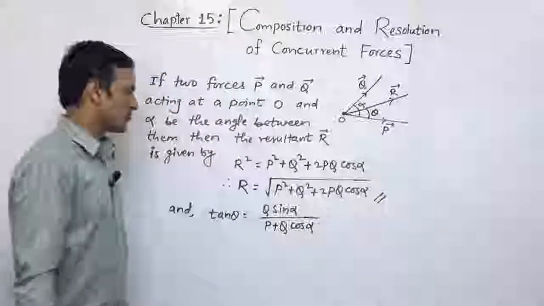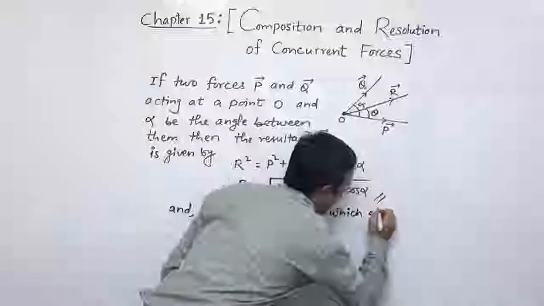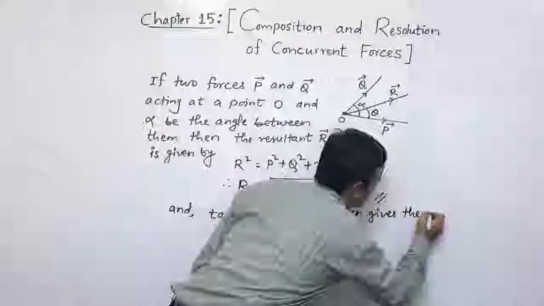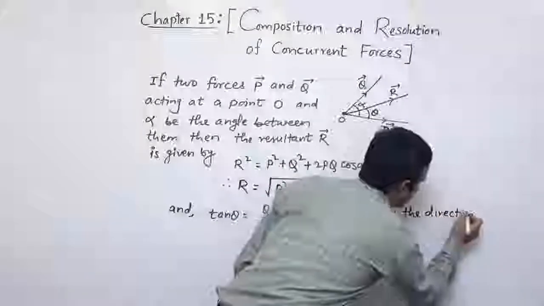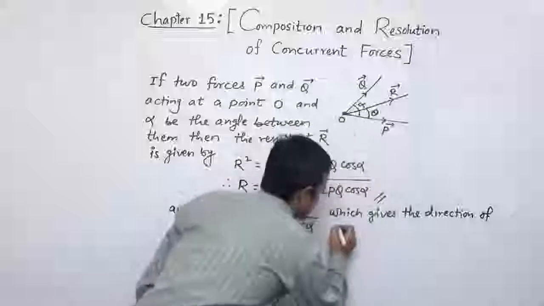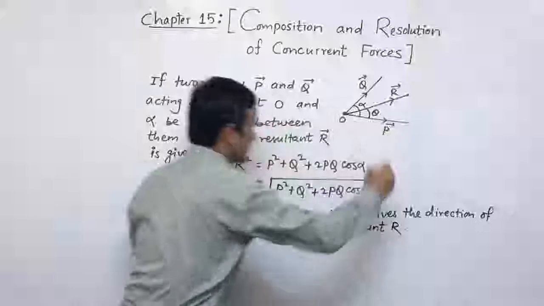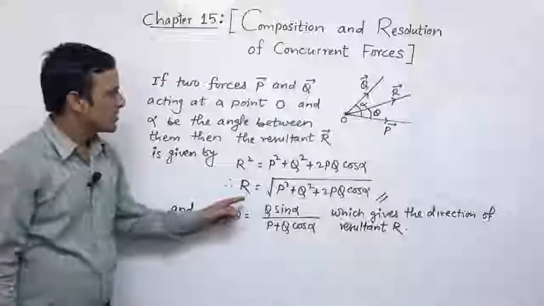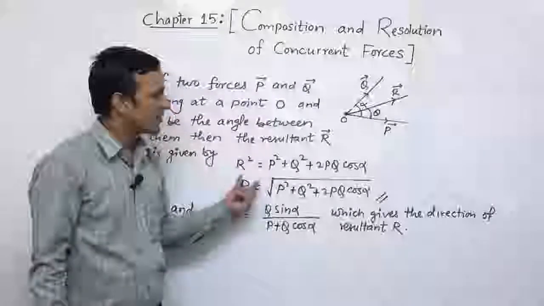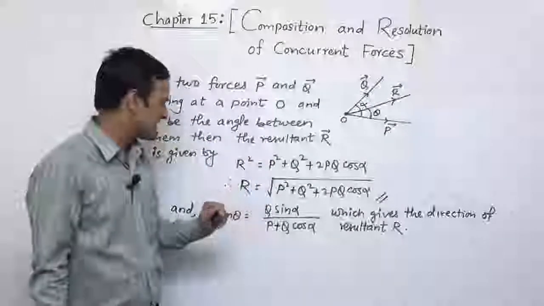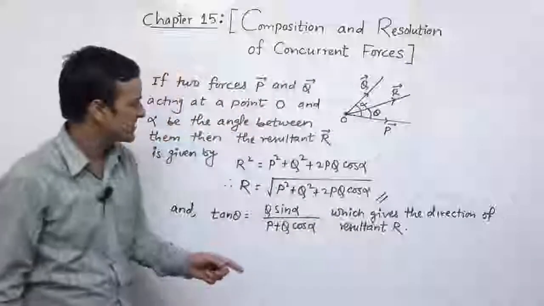This is another formula which gives the direction of resultant R. From the first formula, we can find the resultant force of any two forces, and from this formula we can find the direction of that resultant.